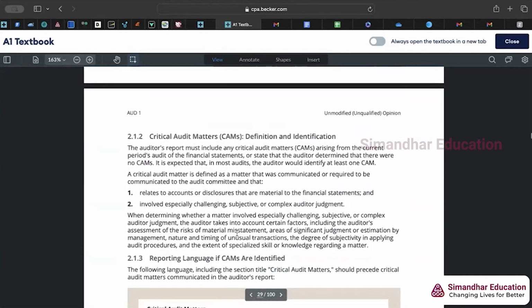Now, in the case of critical audit matters, same as CAM, you will identify the accounts that are required to be communicated: matters that are most significant, where complex judgments and estimates are involved, and there is high risk of material misstatement.